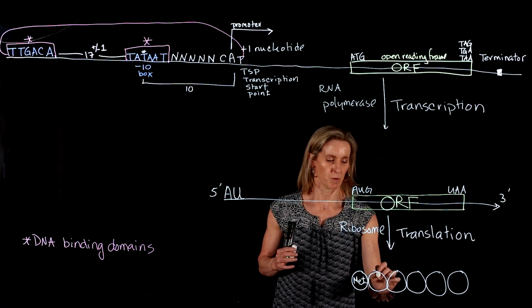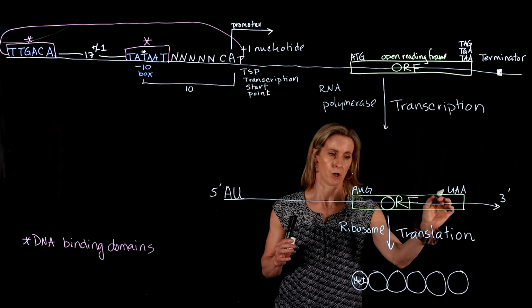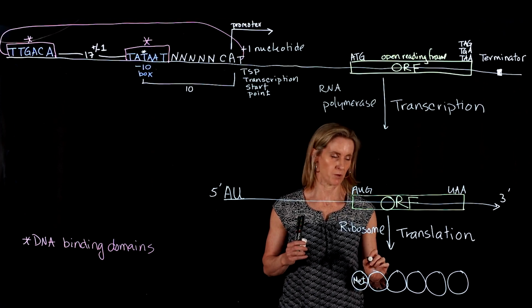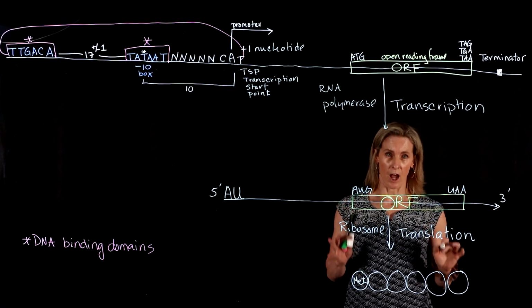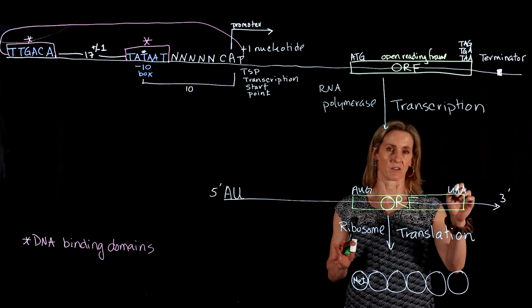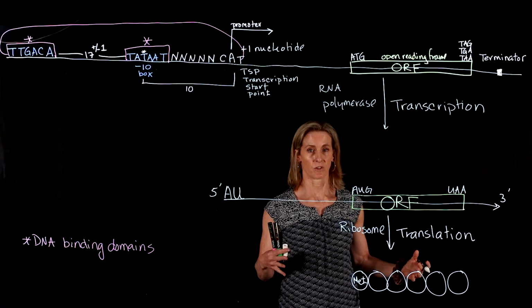And then each amino acid that follows corresponds to a certain codon in the open reading frame sequence. The stop codon does not code for an amino acid and simply signals to the ribosome to disassemble and stop translation.